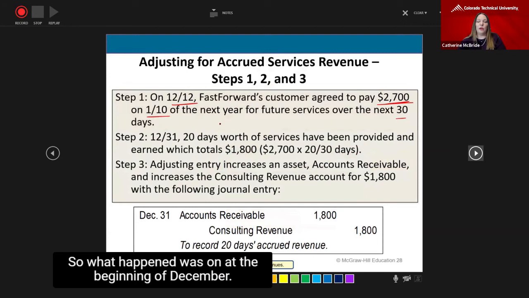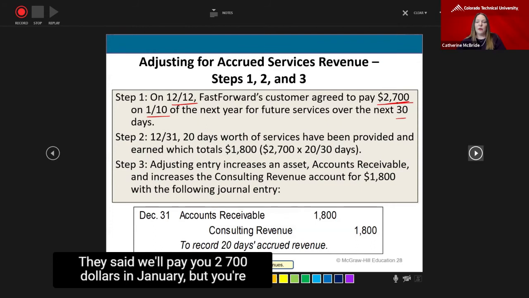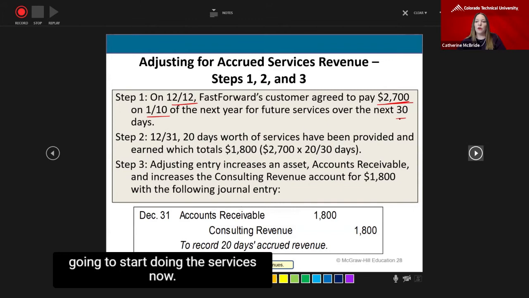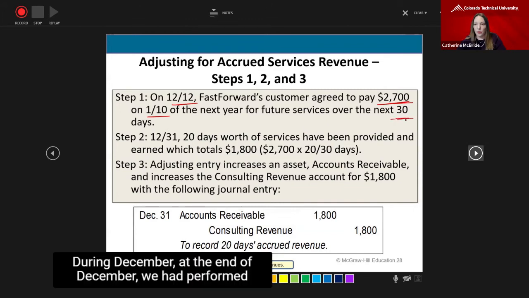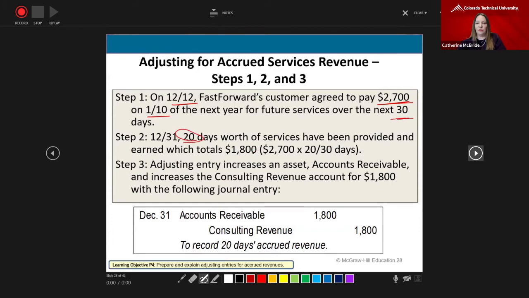So what happened was at the beginning of December, they said, we'll pay you $2,700 in January, but you're going to start doing the services now during December. So at the end of December, we had performed 20 days' worth of the 30 days of services.